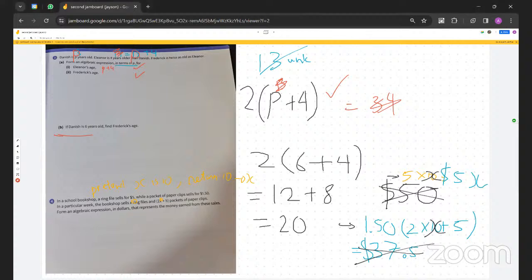You're saying that $50 matters, correct? You're saying that 37.5 doesn't matter. If your answer is only 5x, okay, $50 is the sales, 37.5 is not the sale. Is that what you're trying to say?